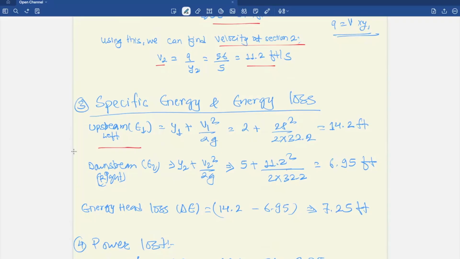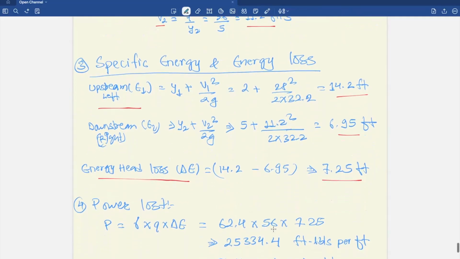We know V1 as well. And similarly for downstream, we will be using the formula Y2 plus V2 squared divided by 2g. That gives us 6.9 feet for E2, and for E1 it is 14.2. And when we compute energy head loss, that is delta E, it will be equal to 7.25 feet.